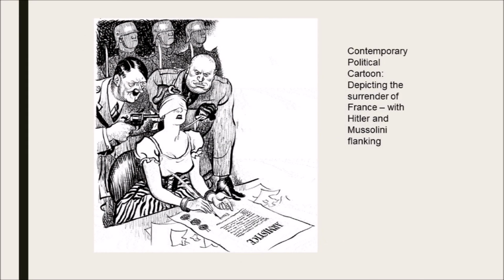Here's another good comic. This one's illustrating the surrender of France, and you've got Hitler on one side, Mussolini on the other side. Again, like I said, they attacked from the north and the south. And then there's France represented by the woman signing the armistice or the ceasefire.